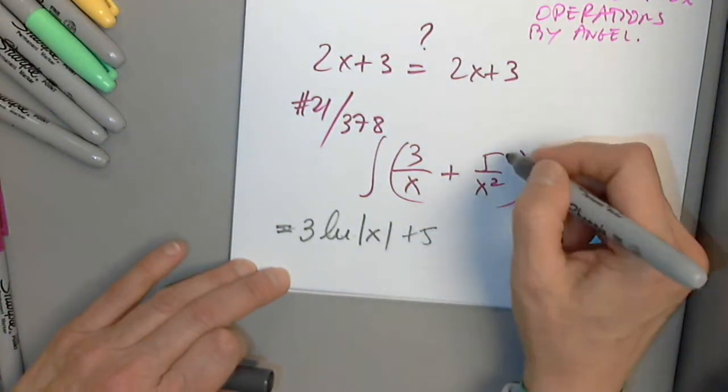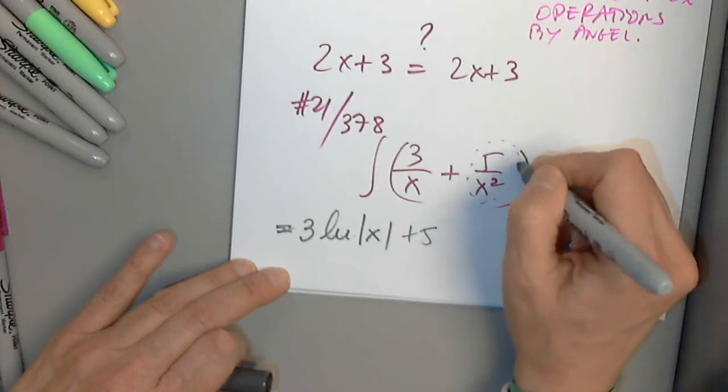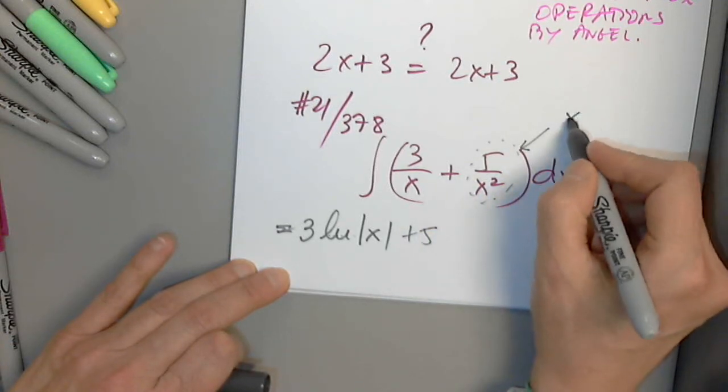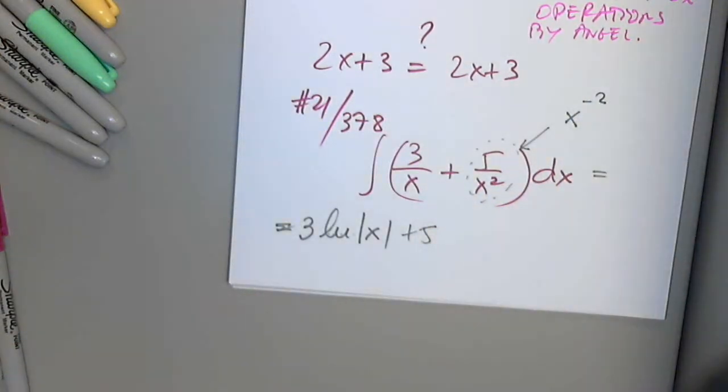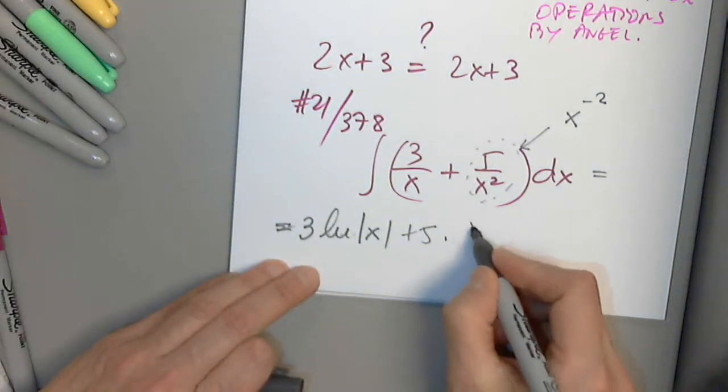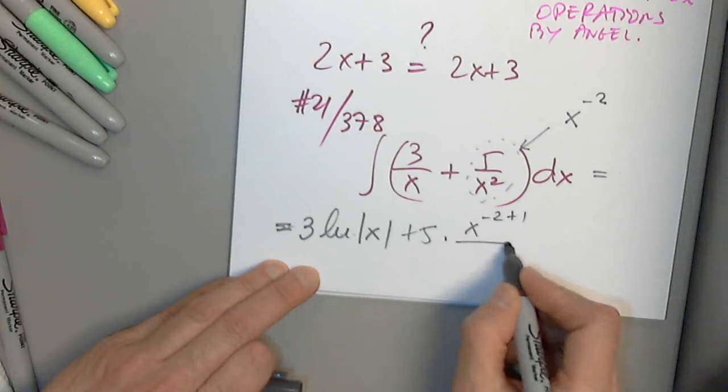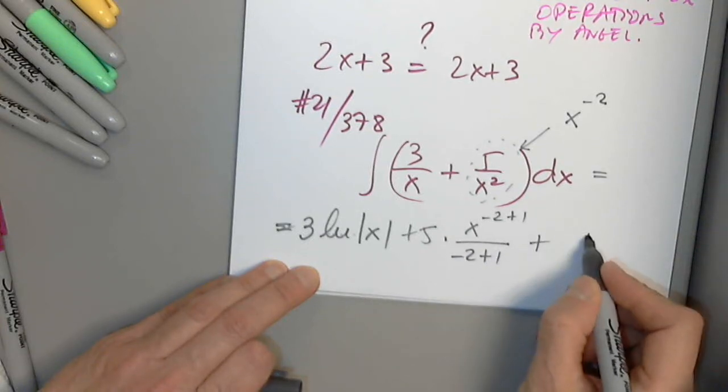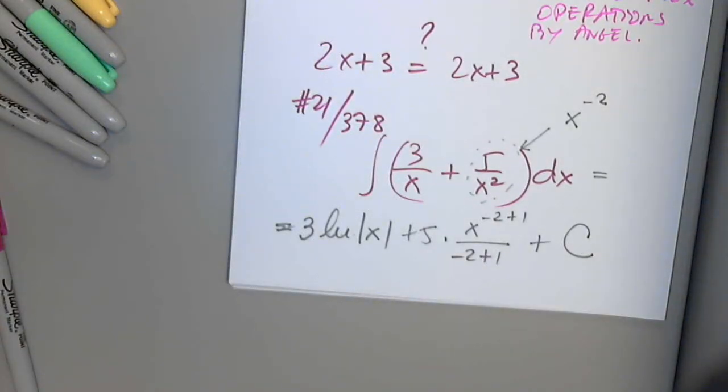Now plus 5. Remember, it's wise to change this into x to negative 2. So it will be times x to negative 2 plus 1 over negative 2 plus 1 plus a constant c. That is the easiest thing to do. Yes, I have to clean it up.